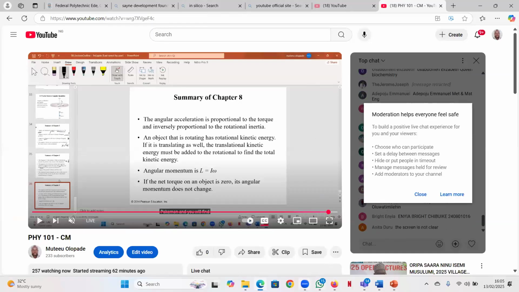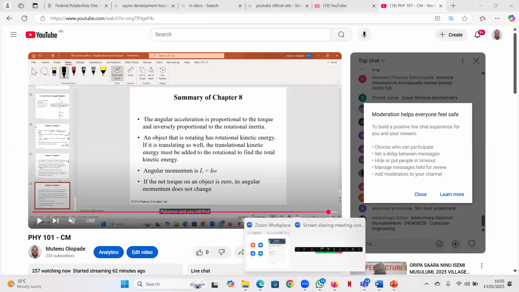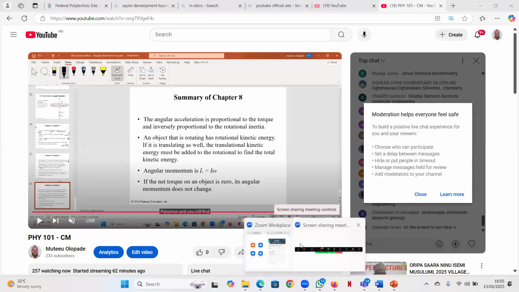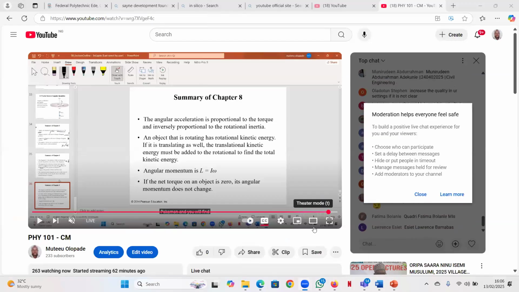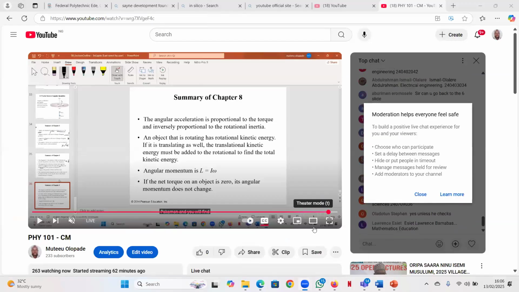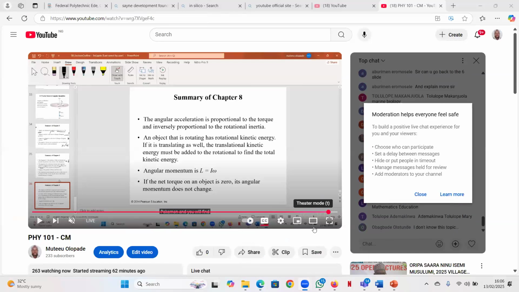What's your question? So what's the difference between torque and moment of a force? The torque and the moment of a force is the same thing. If you remember moment of a force, it is always the product of the force and the perpendicular distance to the line of action.